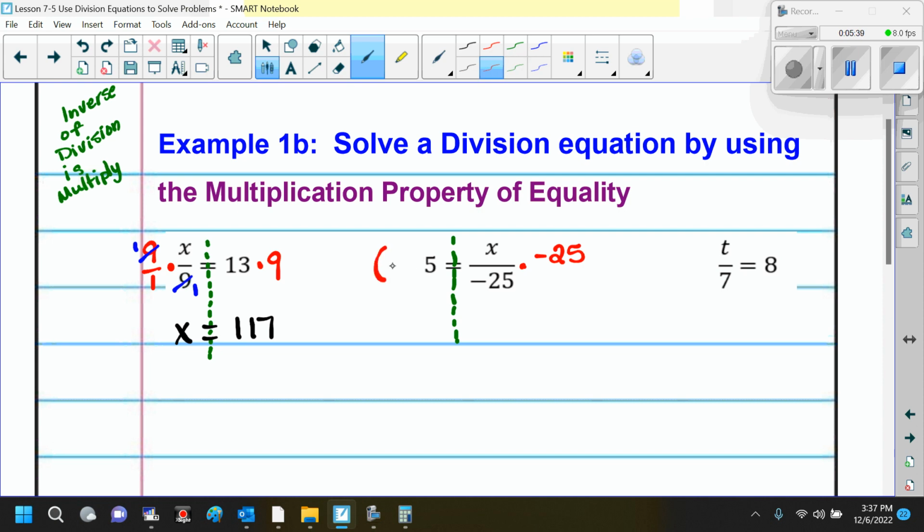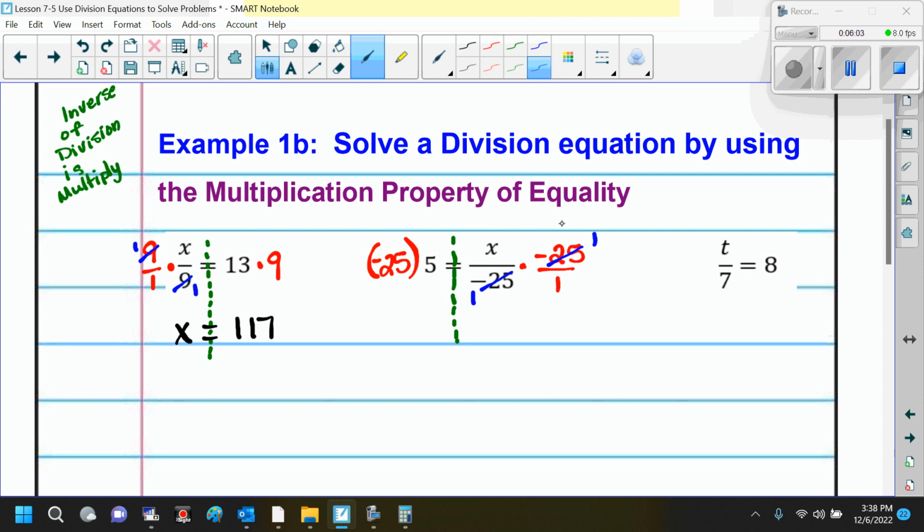So I'm going to use parentheses here. So we're going to multiply by negative 25 on the other side. So you can see this 25 is on the top of my fraction, and those simplify to 1. Okay?